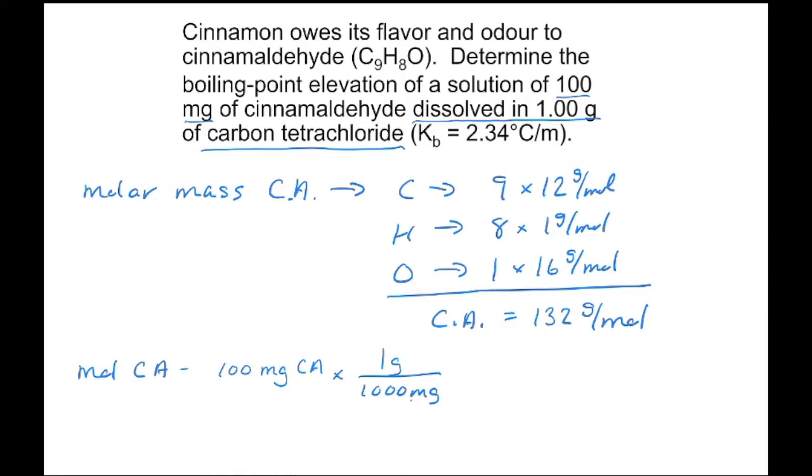So that cancels out the milligrams. And then we have the molar mass of cinnamaldehyde to cancel out the grams. So 132 grams cinnamaldehyde per 1 mole. And that cancels out grams. And if we calculate that, we end up with 7.56 times 10 to the minus 4 moles.